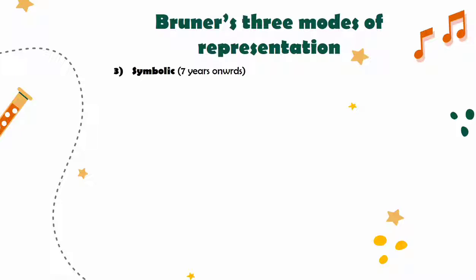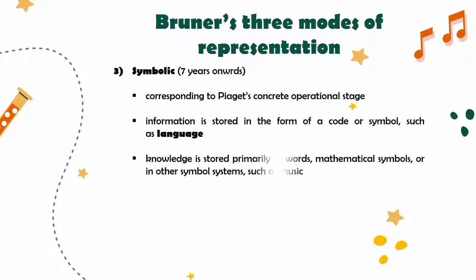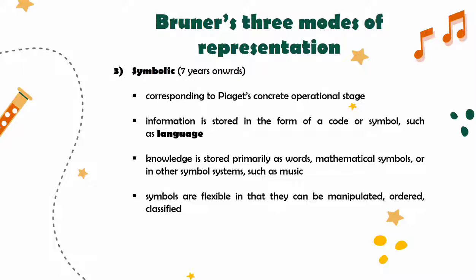While symbolic is 7 years onwards. This develops last. This is the last one to develop. This is where information is stored in the form of a code or symbol such as language. This mode is acquired around 6 to 7 years old, and corresponds to Piaget's concrete operational stage.